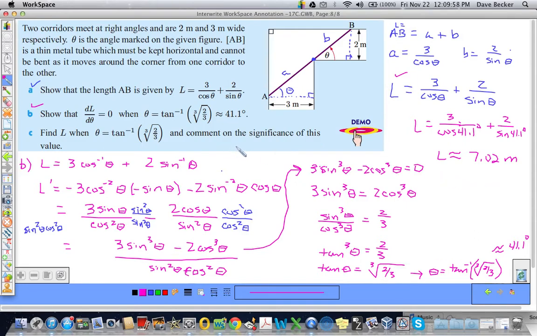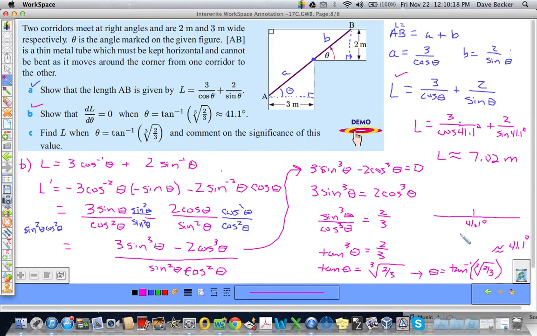Okay, and it says comment on the significance of this. So let's think about this. We took the derivative and we set it equal to 0. Yes, and so we found a turning point, and that was at 41.1 degrees. Okay, so I'm doing a sign diagram here.